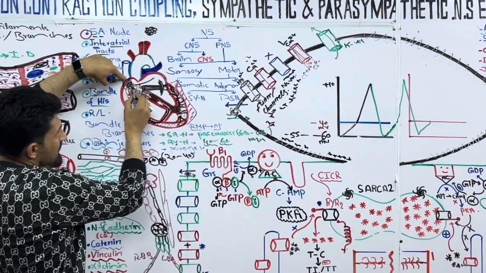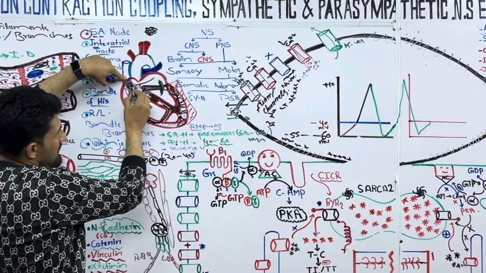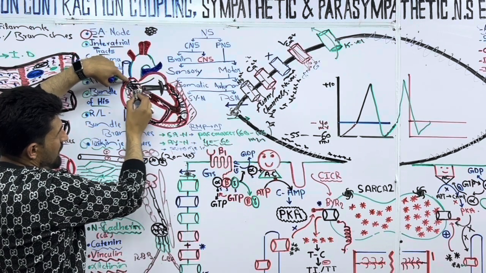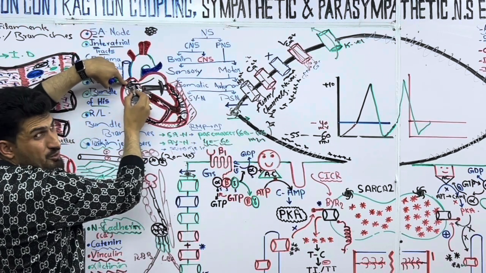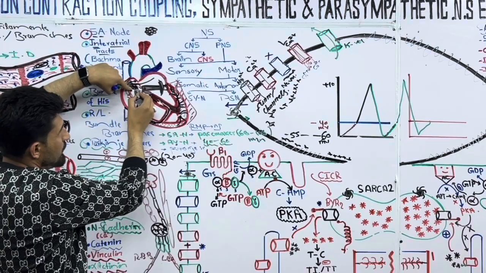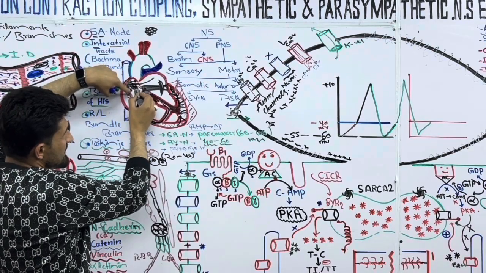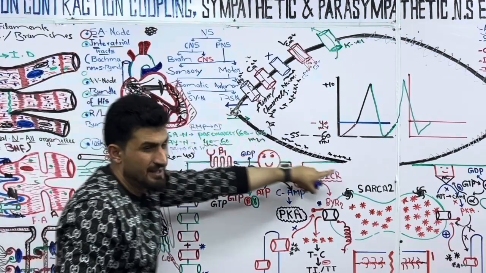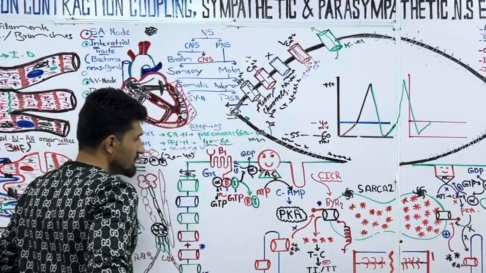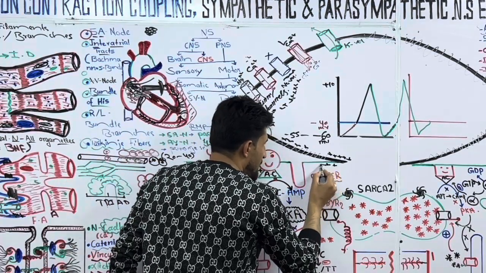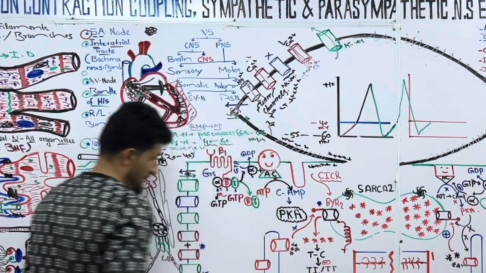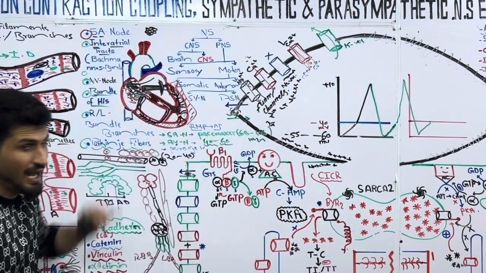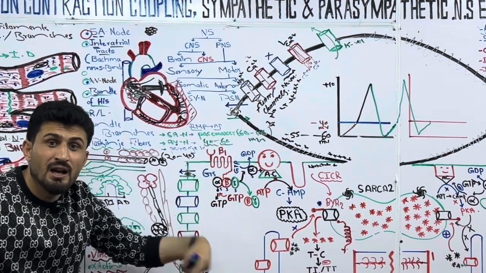For example, this was the SA node. The SA node produced a lot of depolarization and repolarization, and these charges flow from the SA node to these neighbor cells, to the cells of the atrium, by gap junctions. Now, when these positive charges come to the ventricular cell or to the atrial cell, it causes contraction.